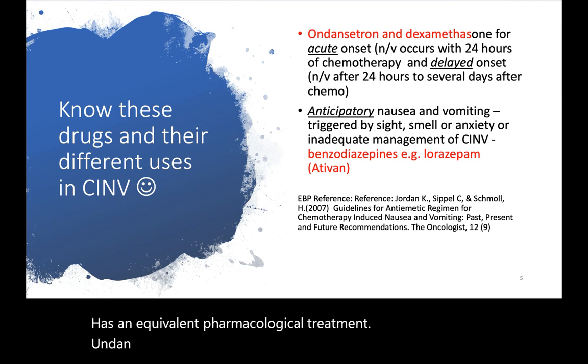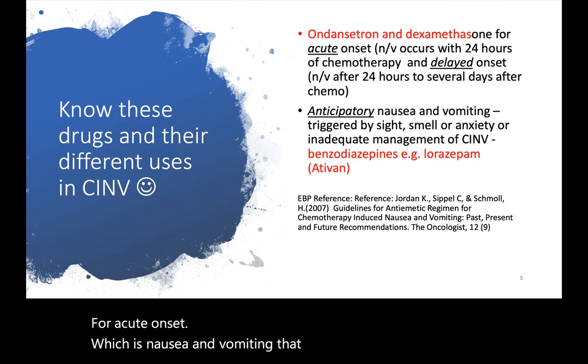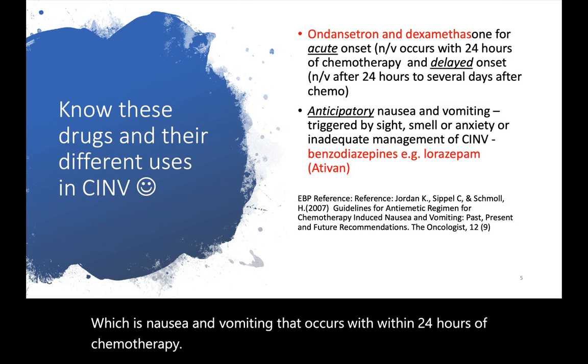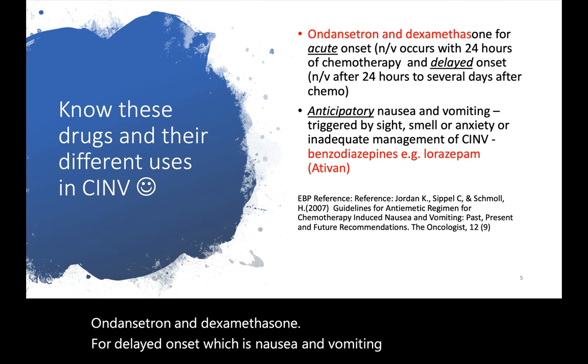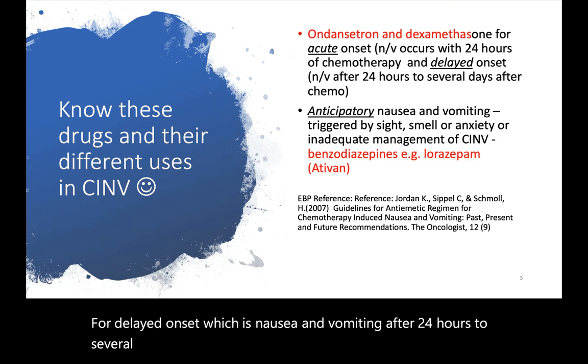Ondansetron and dexamethasone for acute onset, which is nausea and vomiting that occurs within 24 hours of chemotherapy, and ondansetron and dexamethasone for delayed onset, which is nausea and vomiting after 24 hours to several days after chemo.